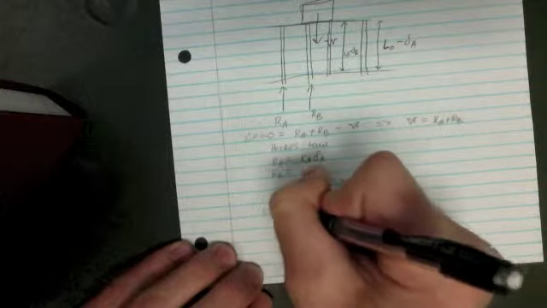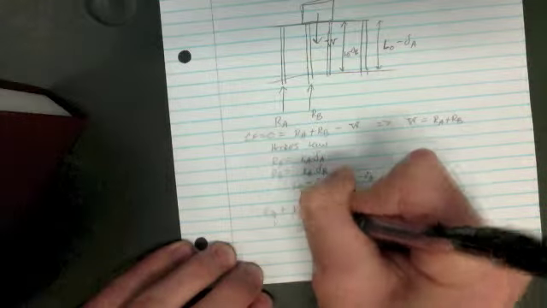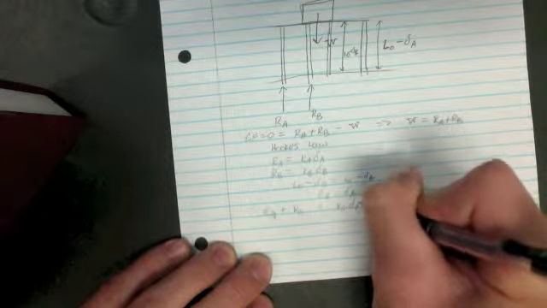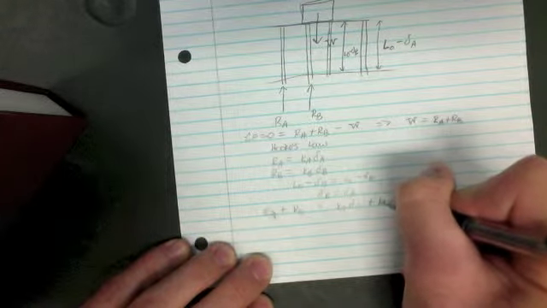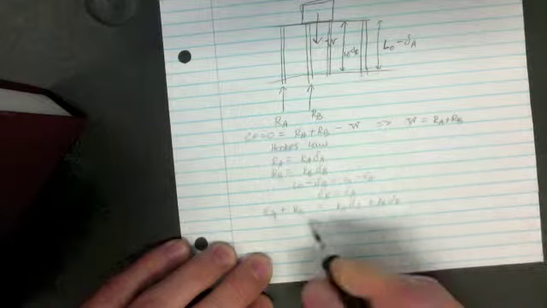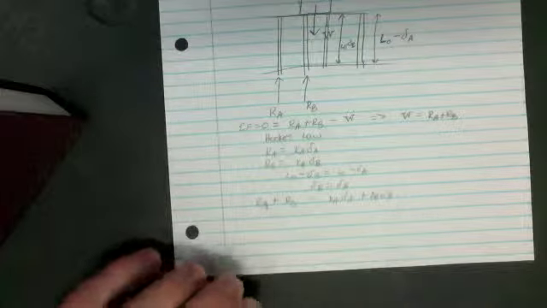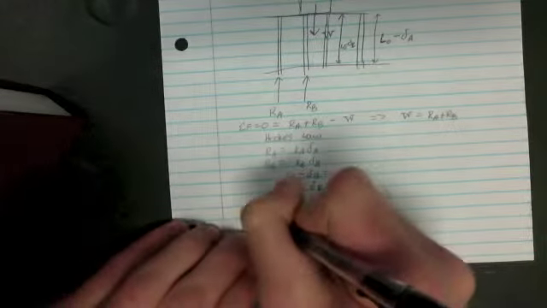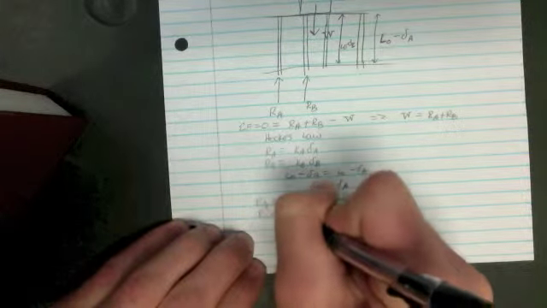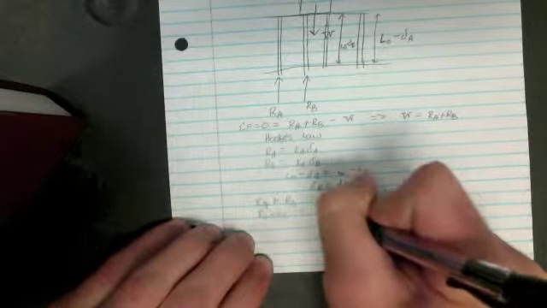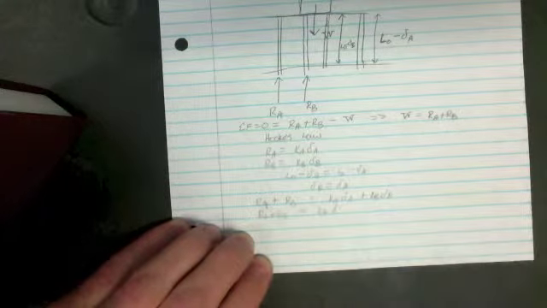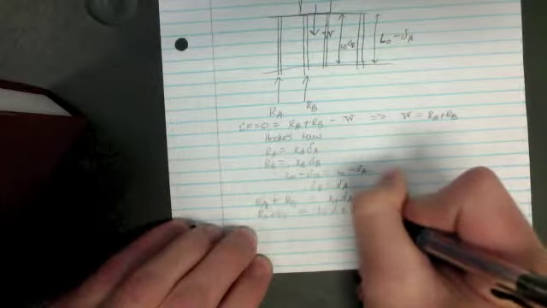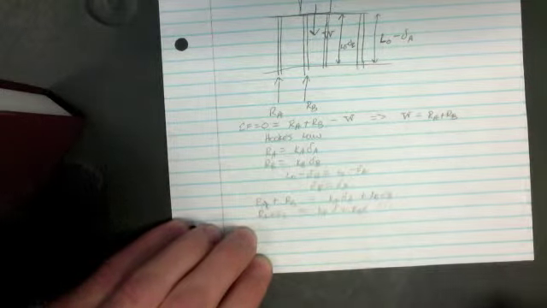So we have Ra plus Rb is equal to Ka delta A plus Kb delta B. Using our compatibility equation, we can say that Ra plus Rb is equal to Ka delta plus Kb delta, because delta A equals delta B equals delta.